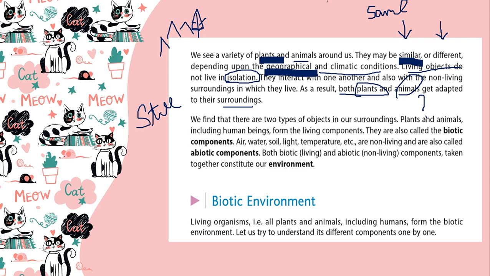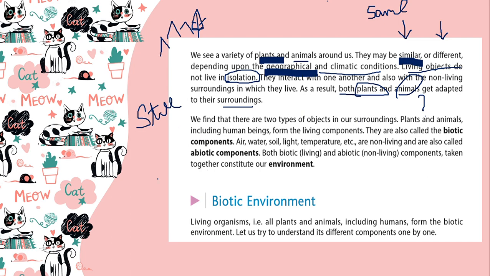Because we are a type of animal. So plants and animals, all of us get adapted to our surroundings. If we are living in a hot region, we wear light clothes and drink cold drinks according to our region. If we are in a colder region, we drink hot drinks.